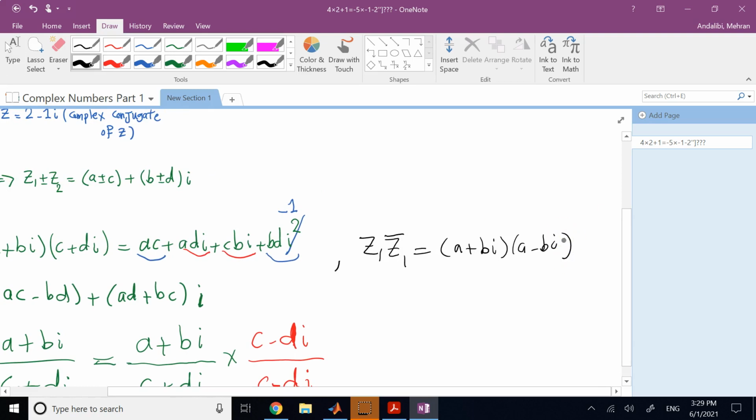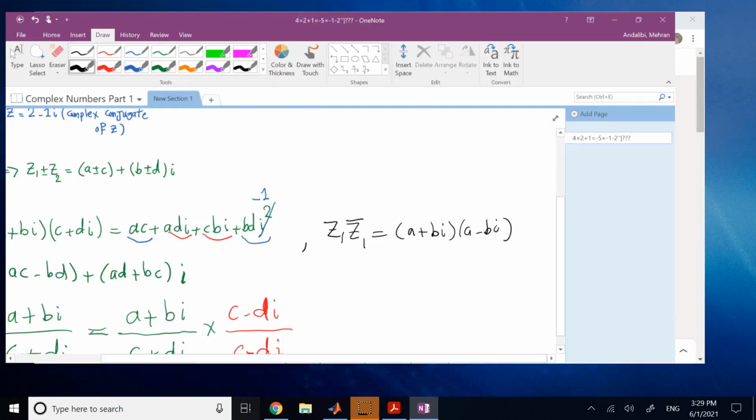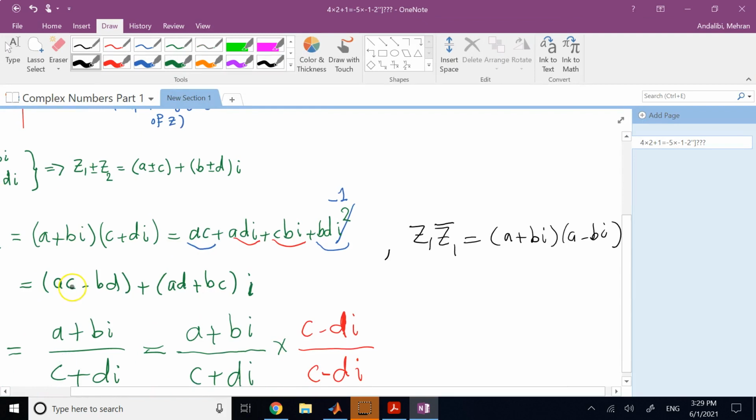And if I follow this formula, where c is the same as a, sorry, d is the same as negative b, c is the same as a, so it is going to be a squared plus b squared, and this term is going to be negative ab plus positive ab, it's going to become 0.